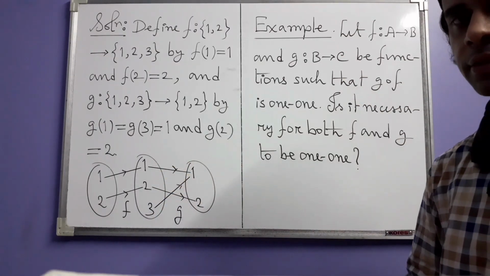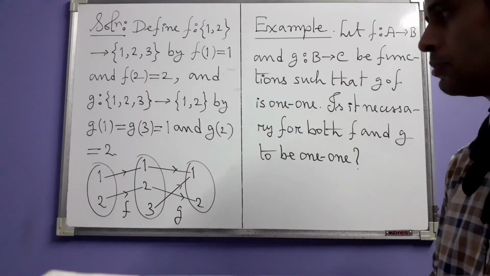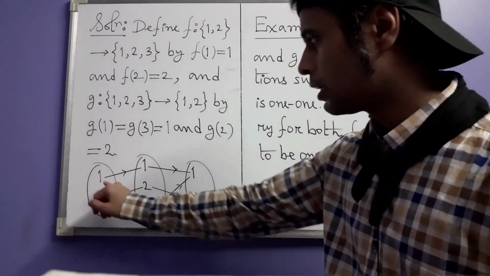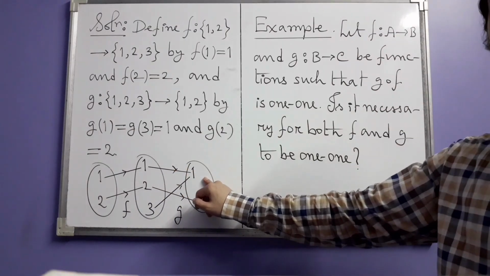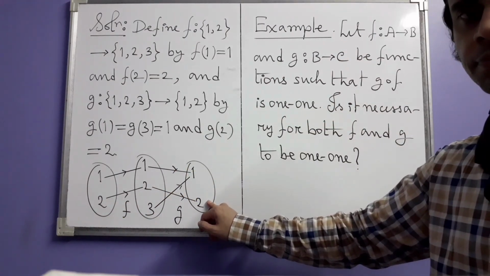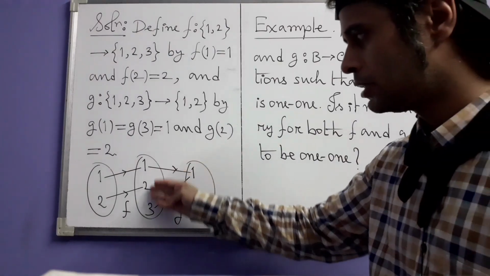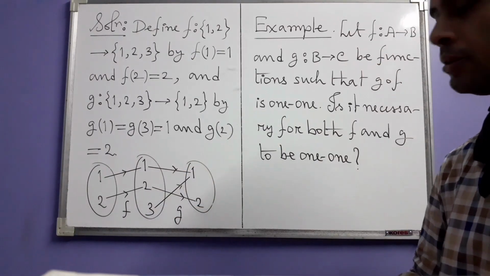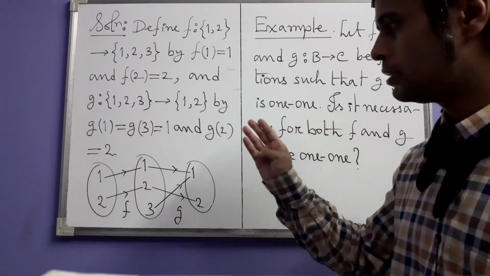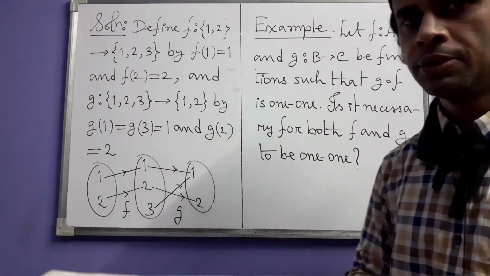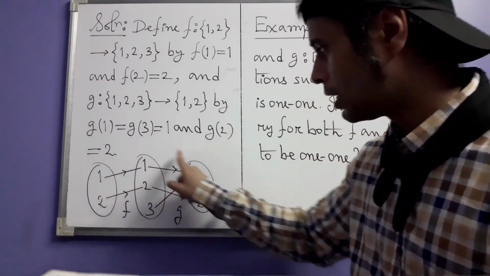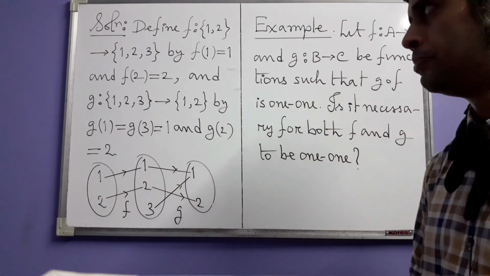Alright, now what will g composition f do? That is very easy to see from the diagram. g composition f maps 1 to 1 and 2 to 2. There is an intermediate thing, but ultimately what matters are the elements to which it maps, this 1 and 2. g composition f maps 1 to 1 and 2 to 2.